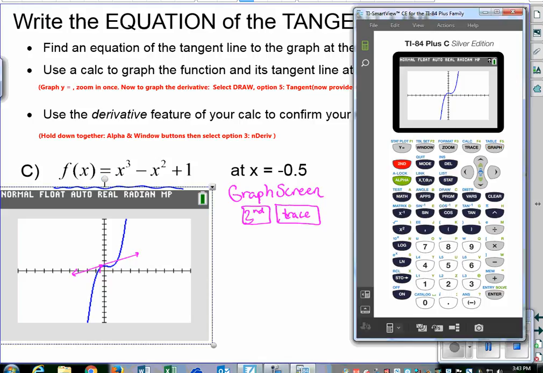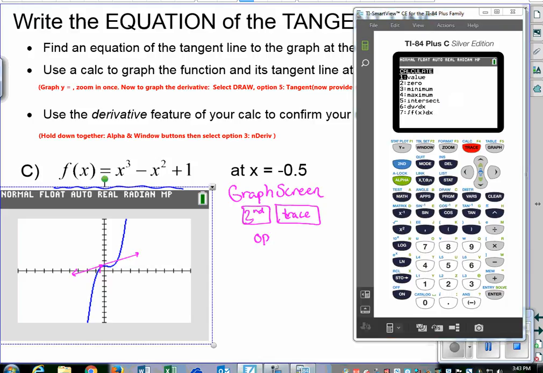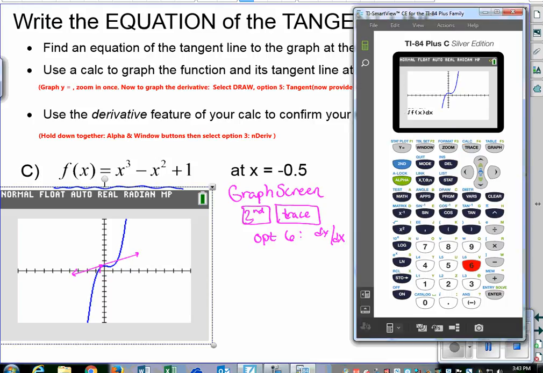So I'm going to go second, trace, and then select option 6, which is dy/dx, standing for a derivative. Then I'm going to key in, what are we trying to do it at? At negative 1/2. So I'm just going to go negative 0.5.